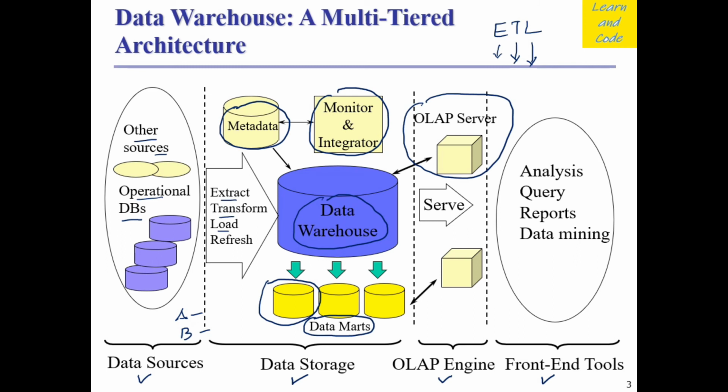These OLAP servers actually work on top of the data warehouse to get the required results. So this is the next component, that is the OLAP engine. There may be OLAP servers working on the data warehouse, and there may be OLAP servers working on the data marts. Collectively we are calling it the OLAP engine.